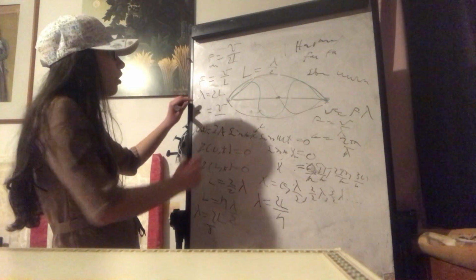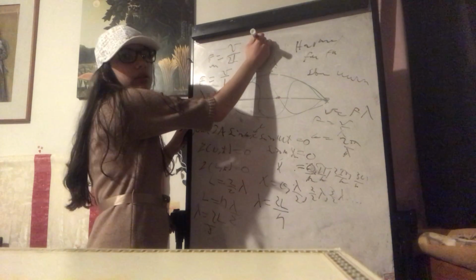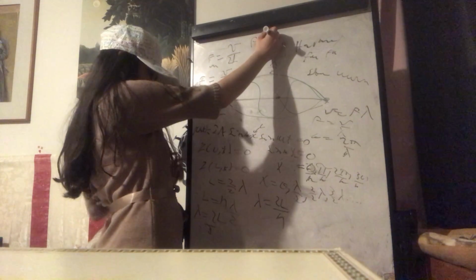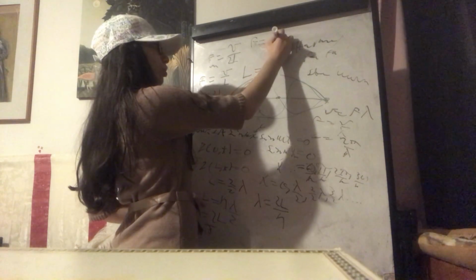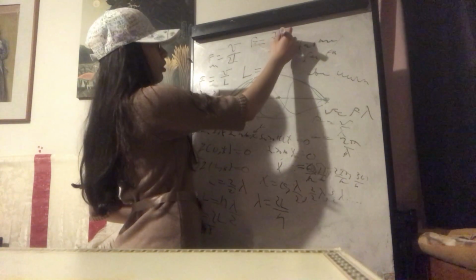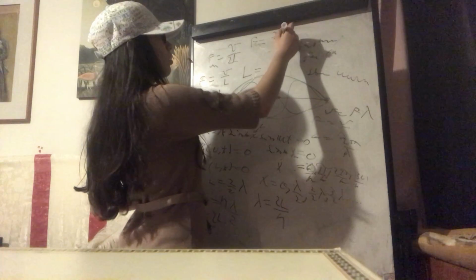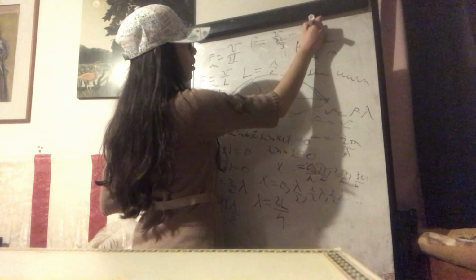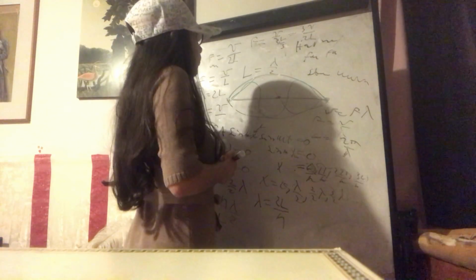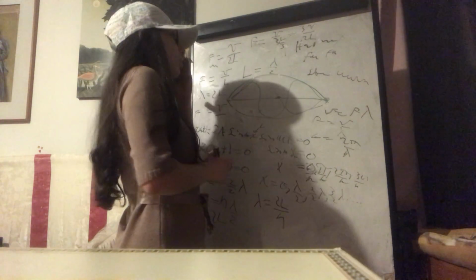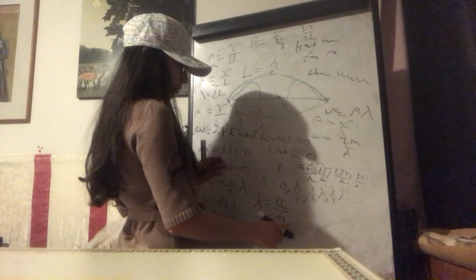So now the frequency is equal to velocity divided by 2 times length divided by 3. So this is 3 times velocity divided by 2 times the length. This is the frequency.